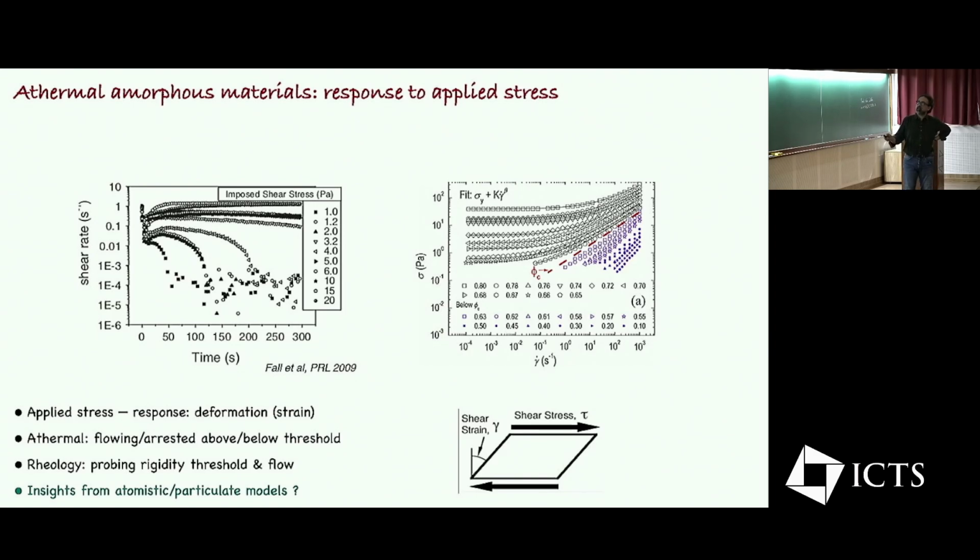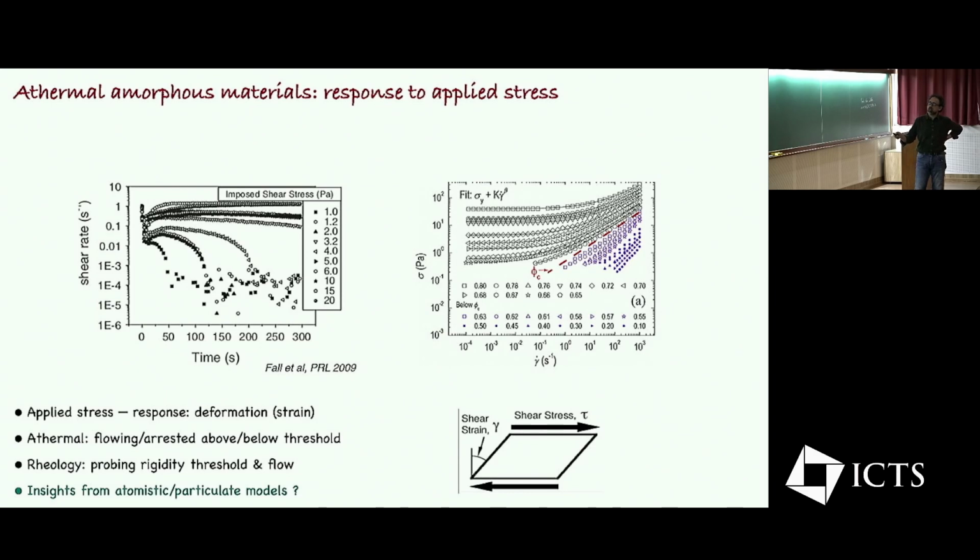Then you can gather all this data for the shear rate as a function of stress. This is how you plot it, as stress versus shear rate, and you have a flow curve for any particular packing fraction, for example. This is data from the same studies. So from here, you go here. You have stress as a function of shear rate, and then you can plot it for different packing fractions.